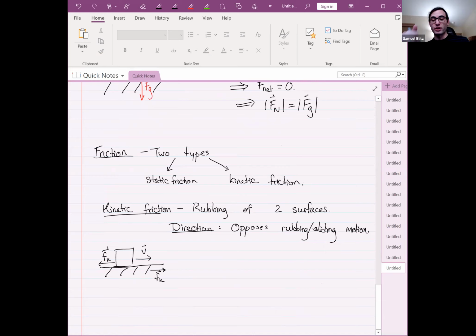These two forces here are third law force pairs. One of them is the force of kinetic friction on the block from the table. The other one is the force of kinetic friction on the table from the block.